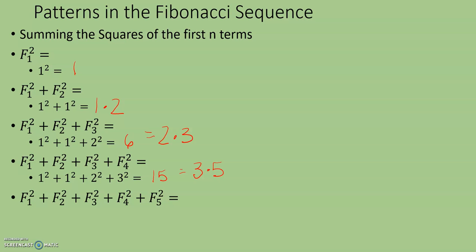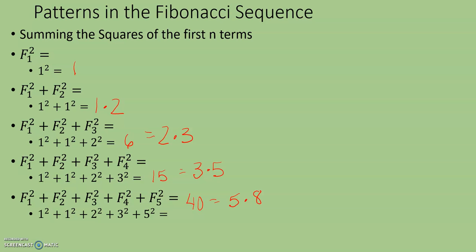Summing the squares of the first 5 Fibonacci numbers, the sum is 40, which is 5 times 8. Remember that the 5th Fibonacci number is 5, and the 6th Fibonacci number is 8. The 4th Fibonacci number is 3. The 5th Fibonacci number is 5. The 3rd Fibonacci number is 2.